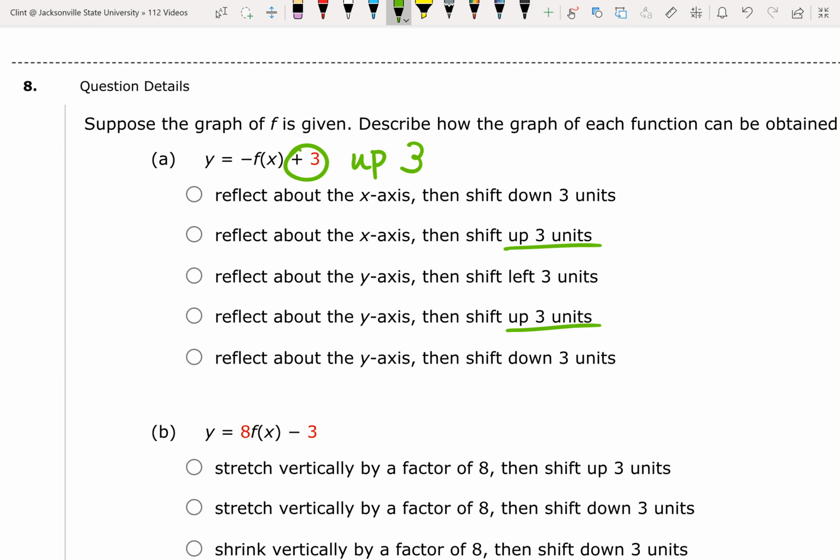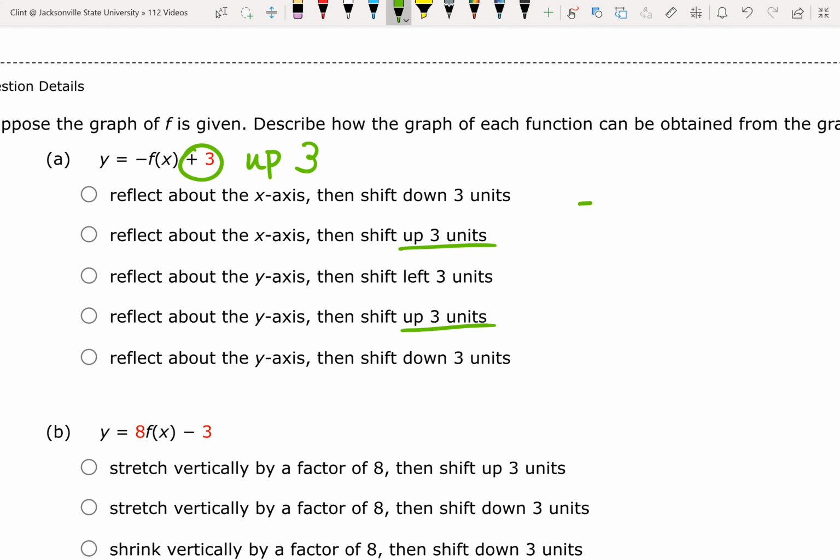Remember, if we have the negative sign out in front, that's a reflection, and that is a y-axis, no, x-axis reflection, sorry.